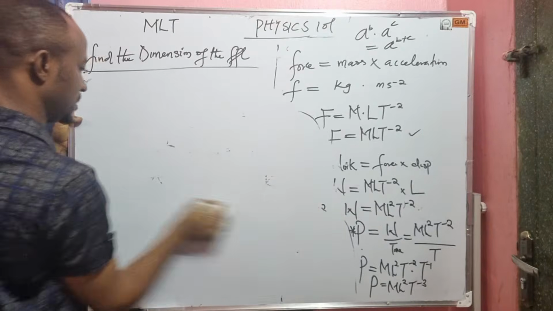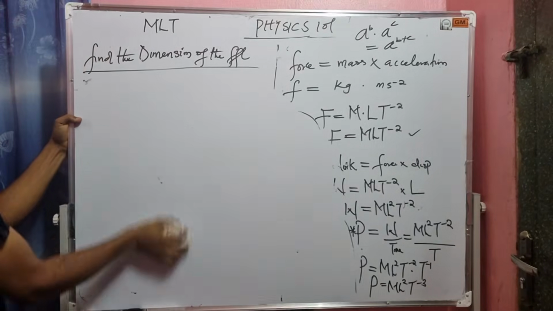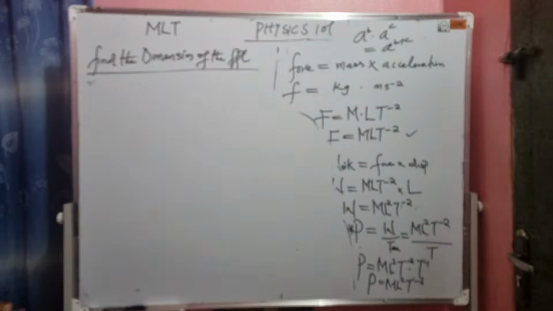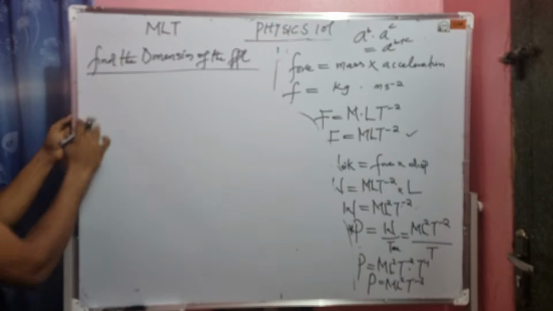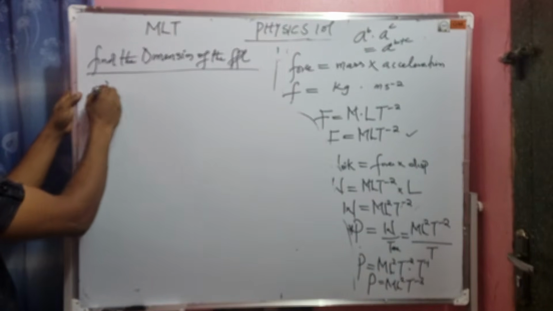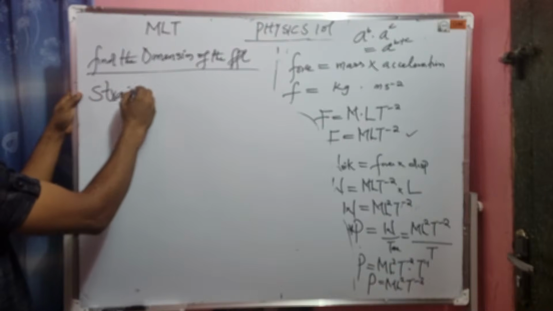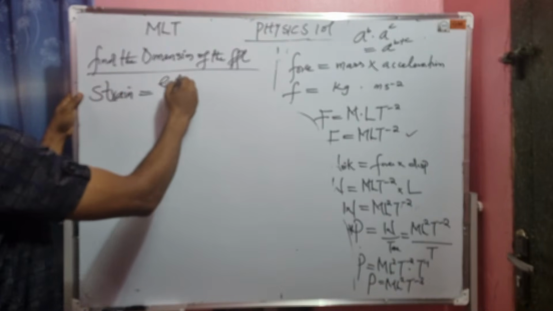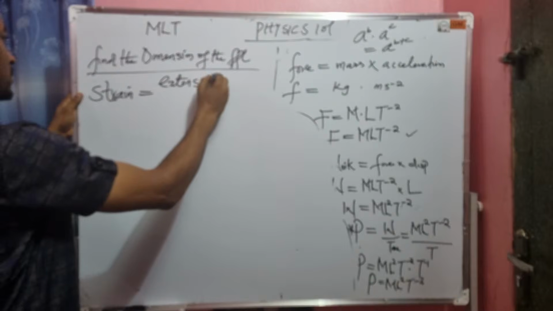The next one is to find what we call strain. Strain is extension over length. Extension is in meter. Length is also in meter.